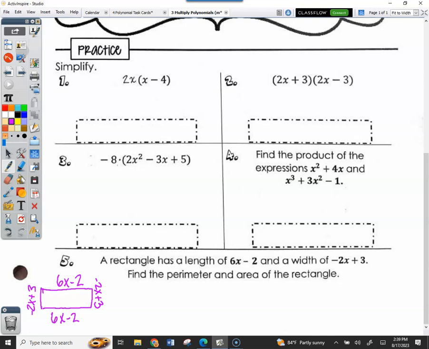Yeah. So there's another way to do it, and that is to say, well, wait a minute, I just copied the two sides. So what I could have done is said the perimeter is going to be, notice I'm skipping some space, the 6x minus 2 added to the negative 2x plus 3, gotta be careful there, and I just double that because there's two of each of them, right?